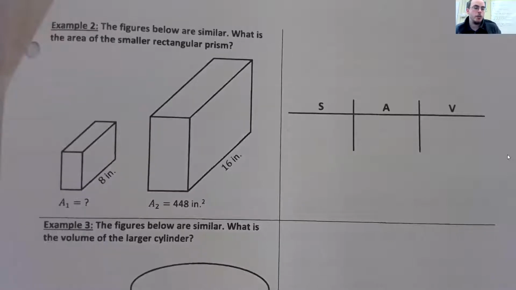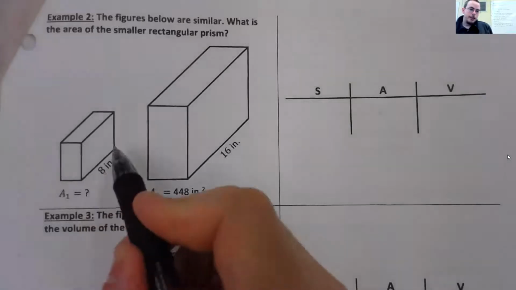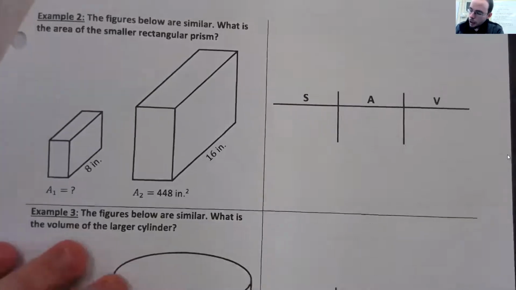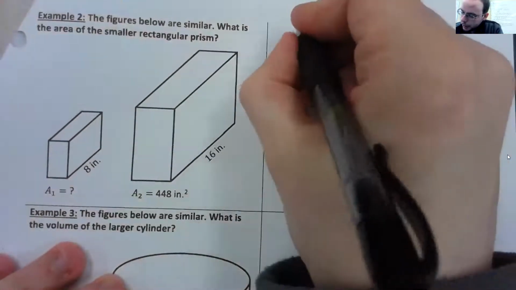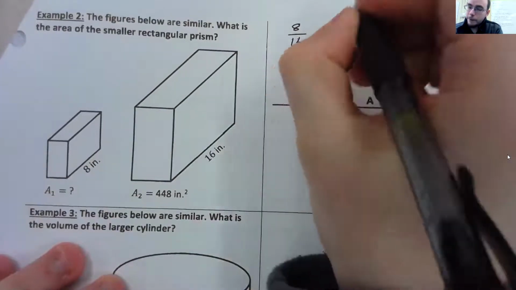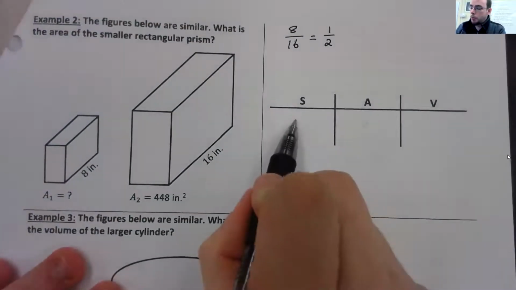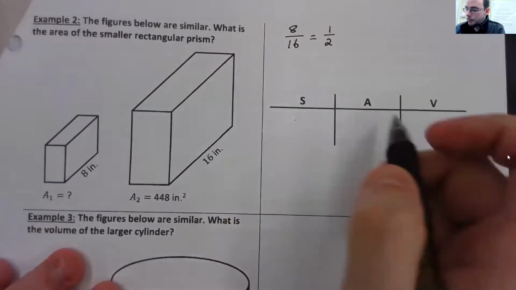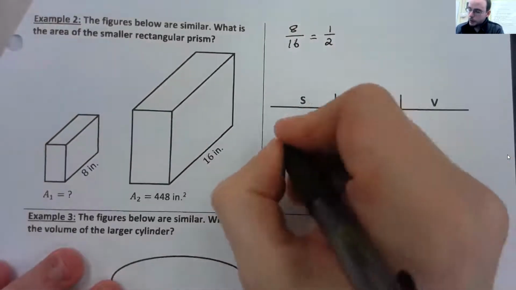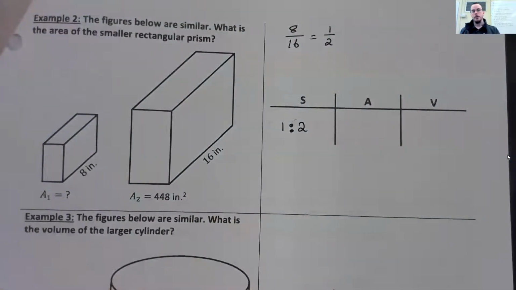You should see that one length is 8 and one is 16. So our scale factor would be 8 over 16, which is equal to 1/2. So what will we put in our S here? That'd be the ratio of the sides, so 1 to 2. Top number goes in front, bottom number goes second.